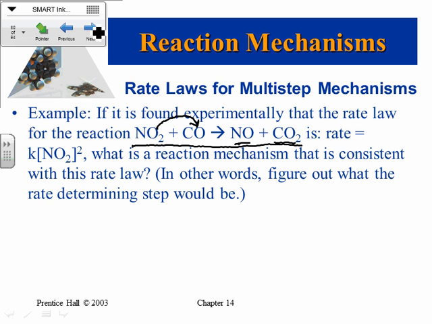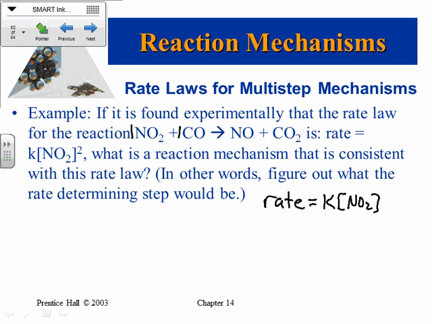The problem is that doesn't match our rate law, because if this was our only elementary step, this is a coefficient 1 right here, and this is a coefficient 1 right here. So our rate law for this reaction, if it just happened in one step, would be k times [NO2] times [CO], and that does not match our actual rate law here.